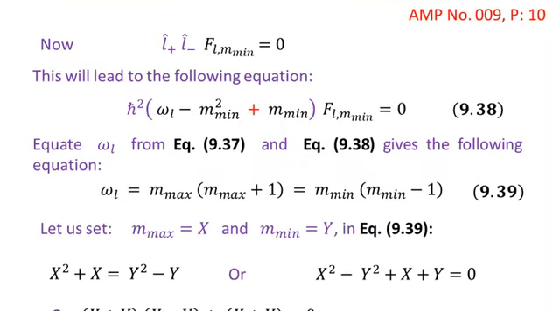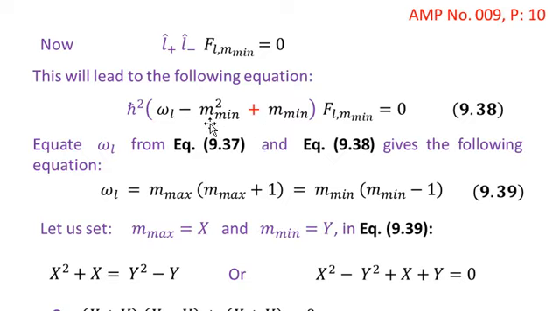Now equations 37 and 38 give the following equations. You equate both equations for omega L, and then you can write equation 37 and equation 38 in the following form. So omega L is equal to m max times m max plus 1, and also m minimum times m minimum minus 1.